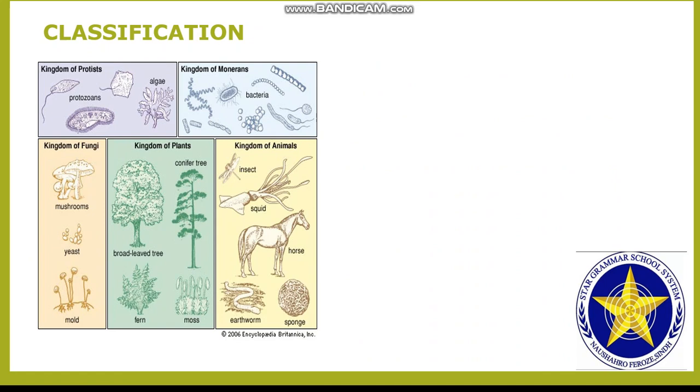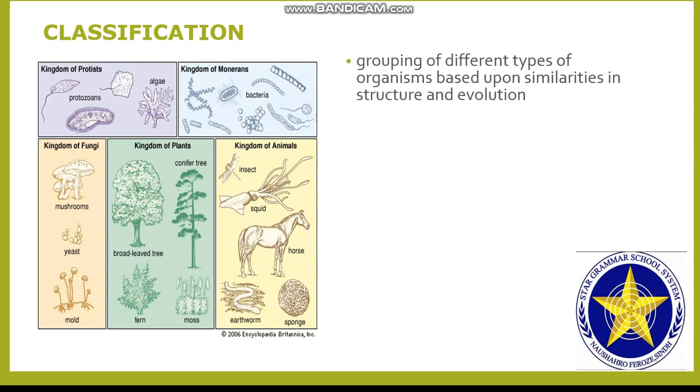Then our main topic is classification, and in this chapter we will be dealing with classification. Classification can be defined as grouping of different types of organisms based upon their similarities in structure. It may be external structure or internal structure, and based on their evolution.